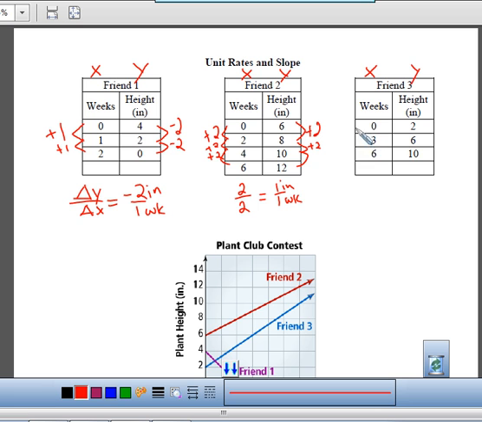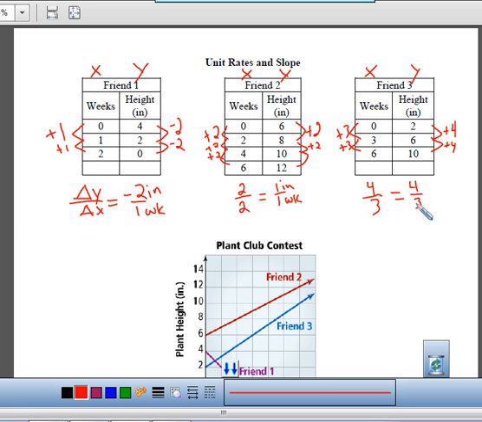And then the last one, friend 3, increasing by 3 each time. And then the height is increasing by 4. So what does that work out to be? Change in y over change in x is equal to 4 over 3.